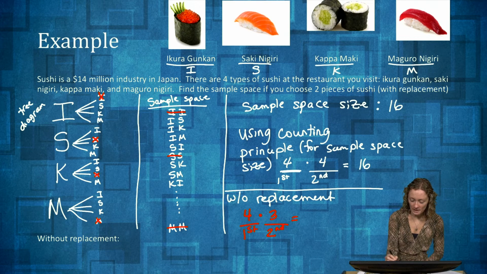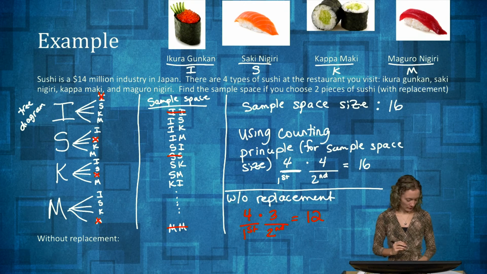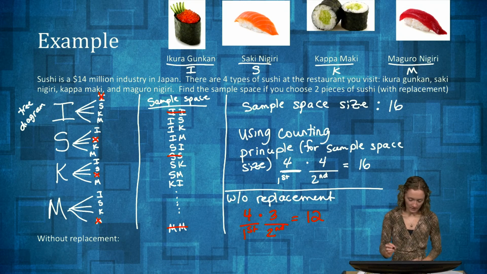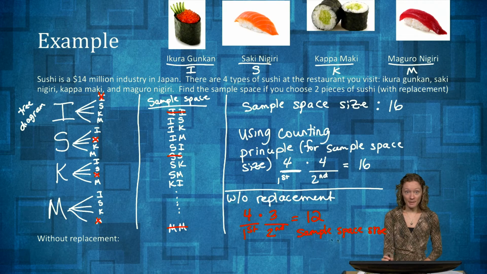There would only be 3. You would multiply using counting principle, and there would be 12 ways this could occur. Sample space is the formal list. Sample space size is how many different ways it can occur.